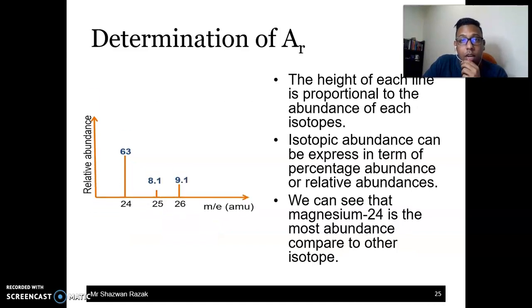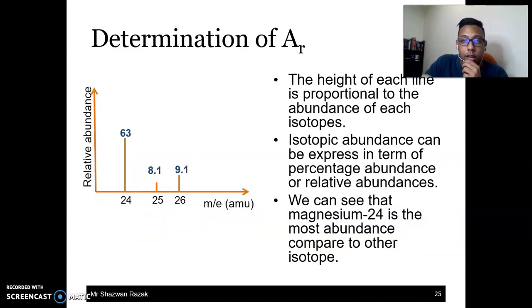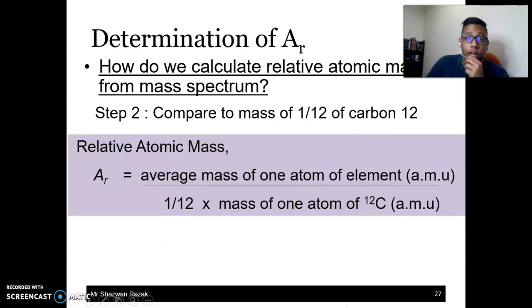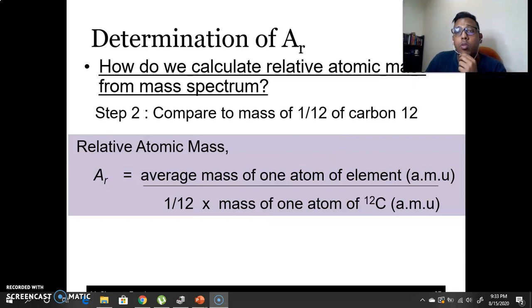To calculate the relative isotopic mass, we use this formula: average atomic mass is equal to the sum of relative abundance times relative isotopic mass, divided by the sum of relative abundance. If asked for relative atomic mass, we have to compare it with carbon 12.